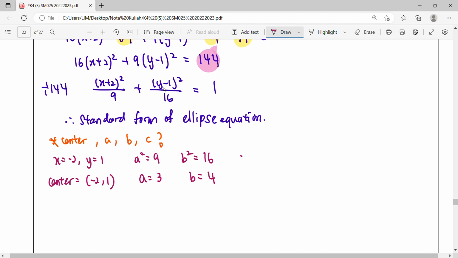Then c squared, how do we find it? We take the longer one, which is b squared minus a squared. So it will be 16 minus 9. So c will be square root of 7. After this, we can find all our vertices and focal points.